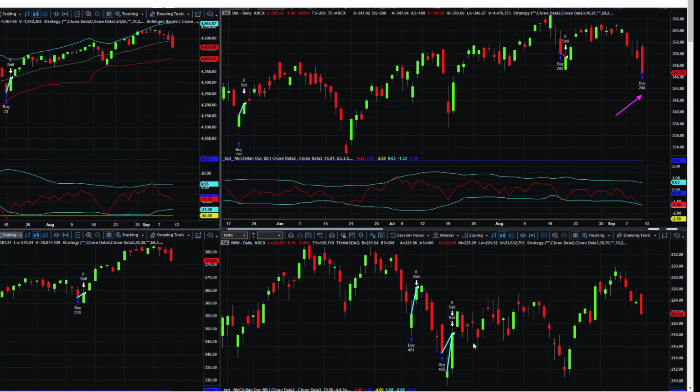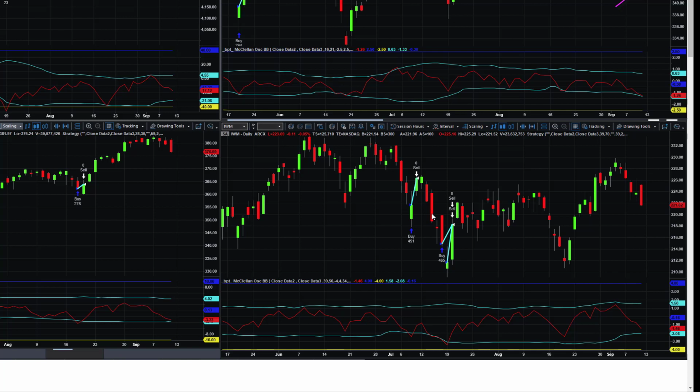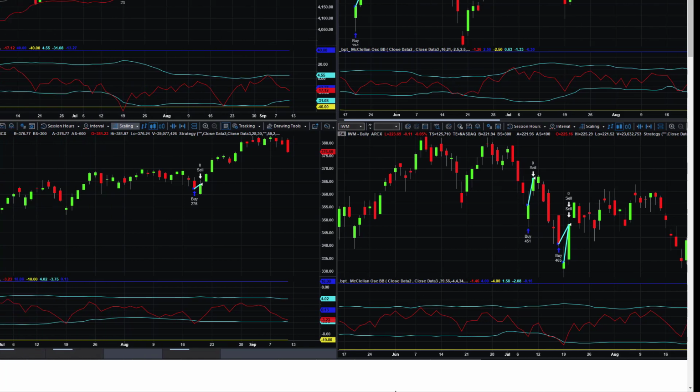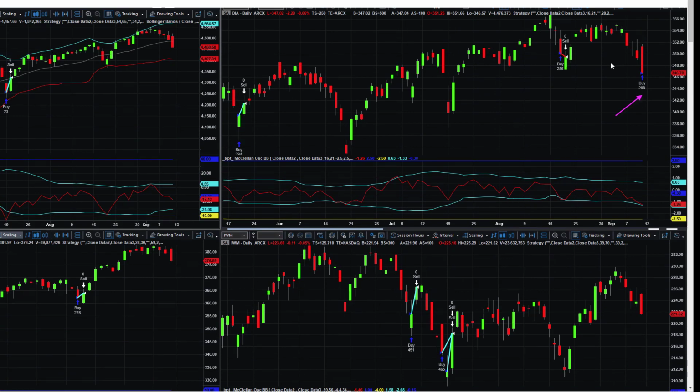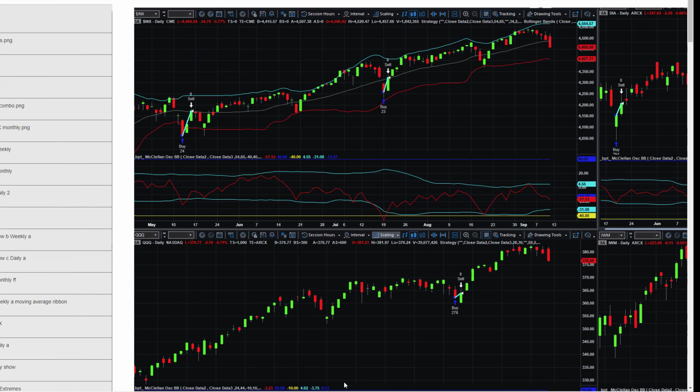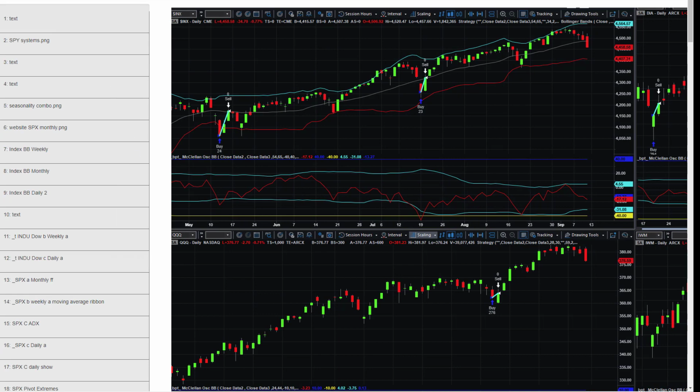The way these McClellan oscillator systems work, think of them as reversion to the mean type. Sometimes you need 2 or 3 buy signals before you finally get a bounce. Like here, you needed a second buy signal before you got a bounce. So they're not perfect, guys. Sometimes you get a one and done, but sometimes you need 2 or 3. But this did go long on Friday, matching the Dow chart I just showed you. Next.